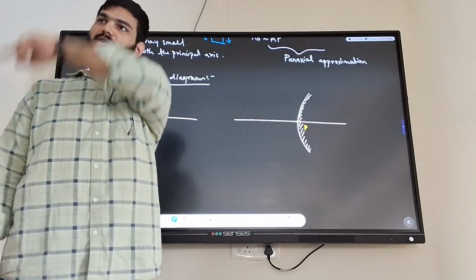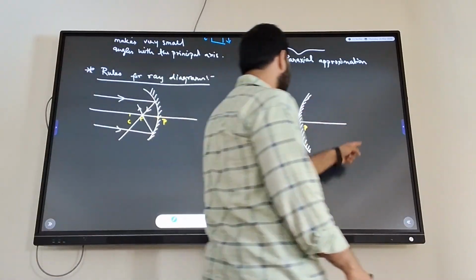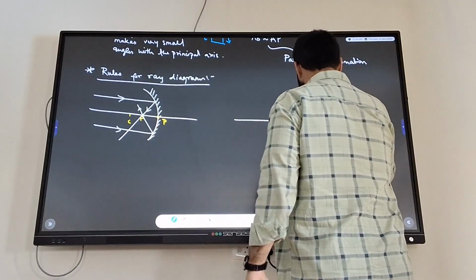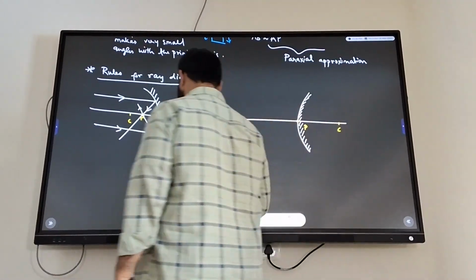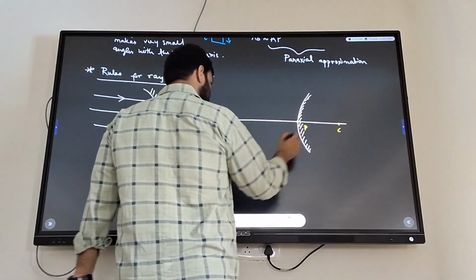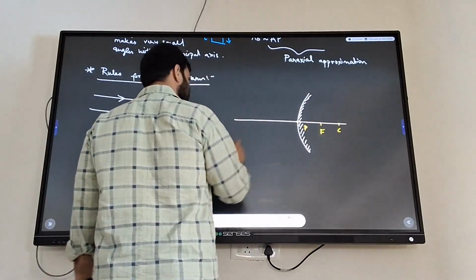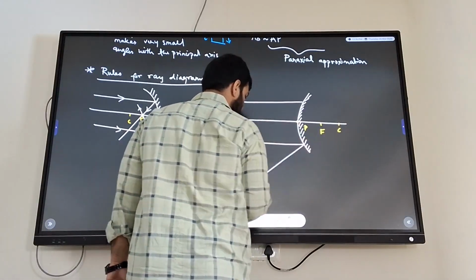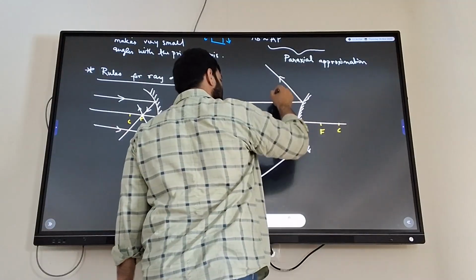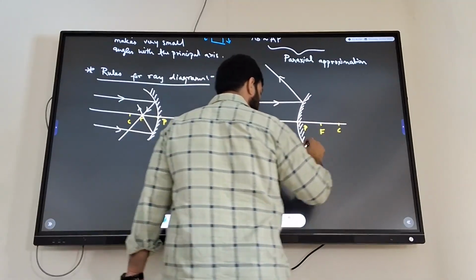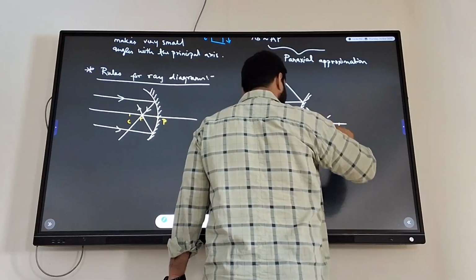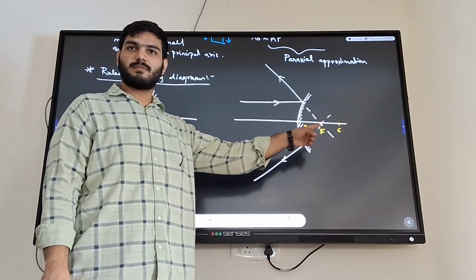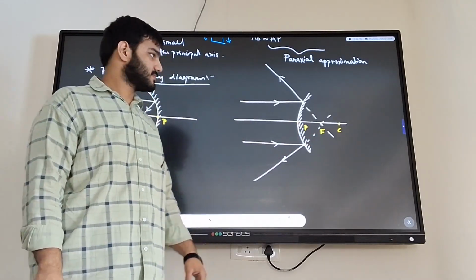You create the circle in this direction, right? The circle will be made on this side, not that side. So the center of curvature should be here, somewhere here. What can you say about the nature of this image? Virtual image.